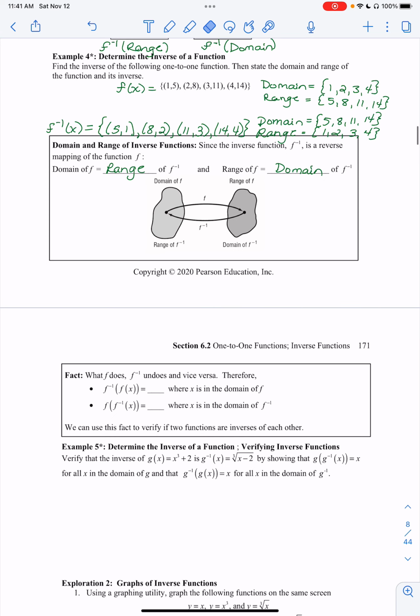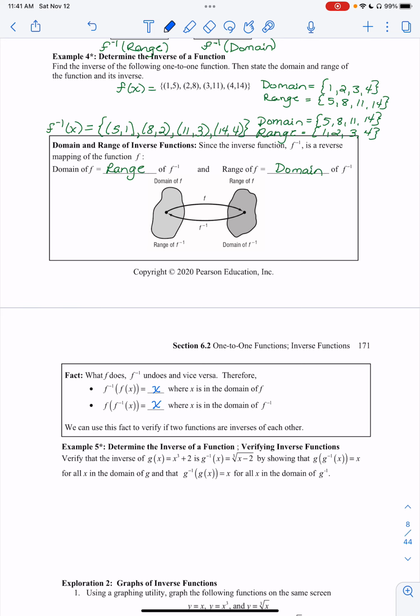Okay. So in fact, what f does, inverse f undoes, and vice versa. So f of inverse f of x is equal to x, and inverse f of f of x is also equal to x.